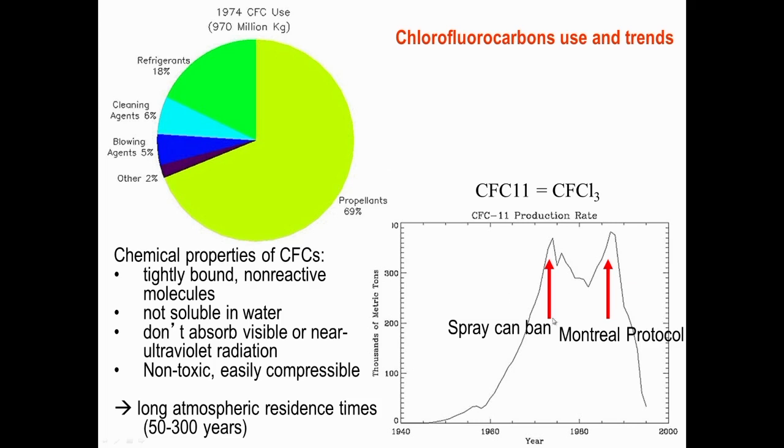So the spray can ban, which had all of these propellants, came in the mid-70s. And there were refrigerants and cleaning agents. For cleaning agents, like dry cleaning, when you take your clothes that don't like being exposed to detergents and water, they all used to use things like carbon tetrachloride, CCl4.